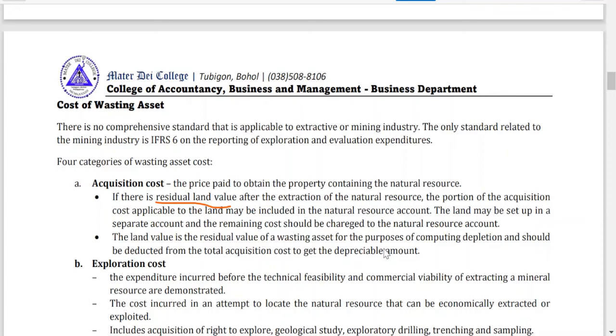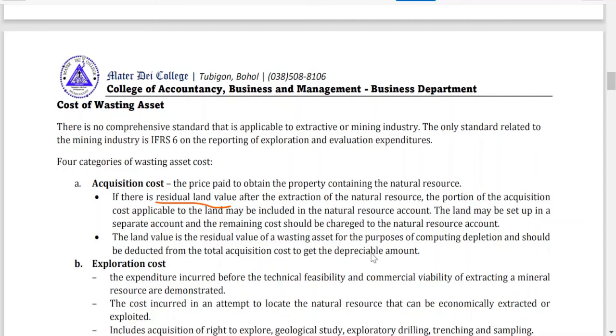Then we have the exploration costs. And remember that it depends on the company if they are going to capitalize it or they will treat it as an expense. So if they are going to capitalize it as an asset, then that would be part of the cost of the natural resource.